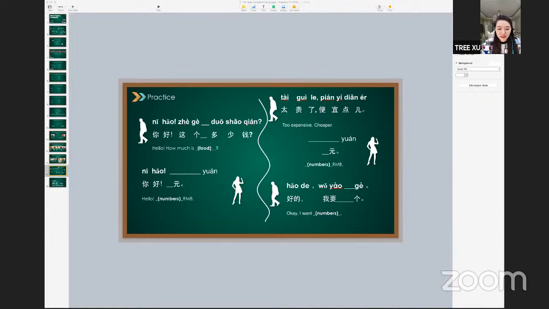I mean yuan. 你好，3元。 Perfect. 太棒了。哎，这个发音真棒。Your pronunciation is excellent. And you can pick the next one, and you ask the question.